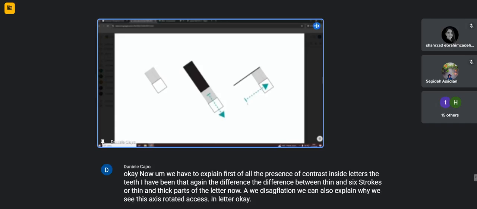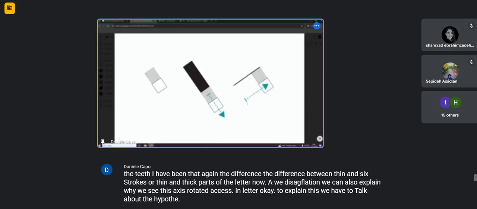Okay. To explain this, we have to talk about the hypothesis about the process of creating epigraphic capitals for inscriptions.